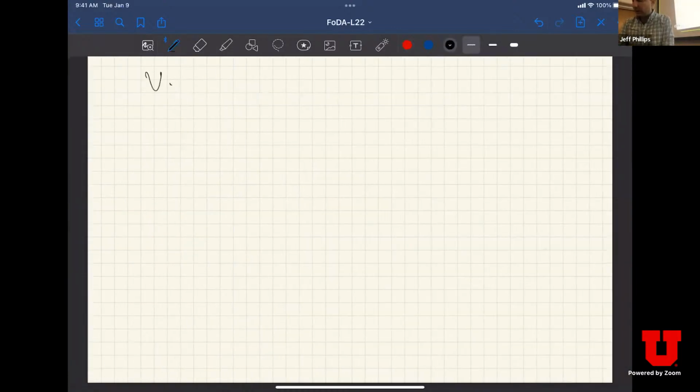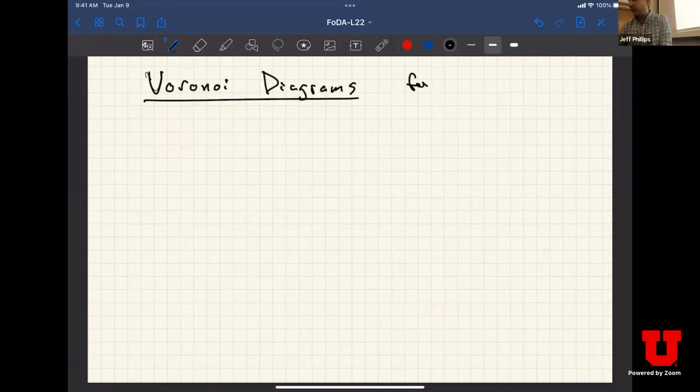Okay. Voronoi diagrams. We'll say for a set S, which is a subset of R^d, and the size of S is equal to k, these are going to be some sites.